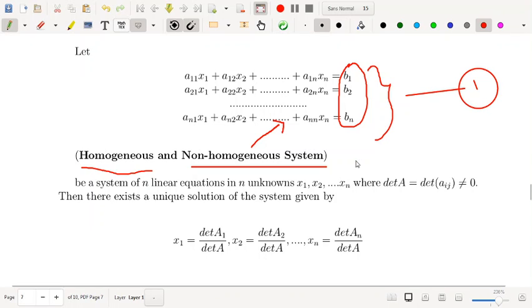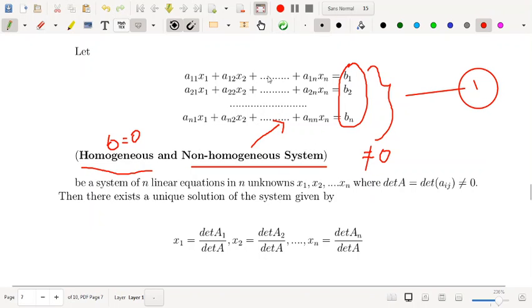But if all of them are 0, then this is called a homogeneous system.